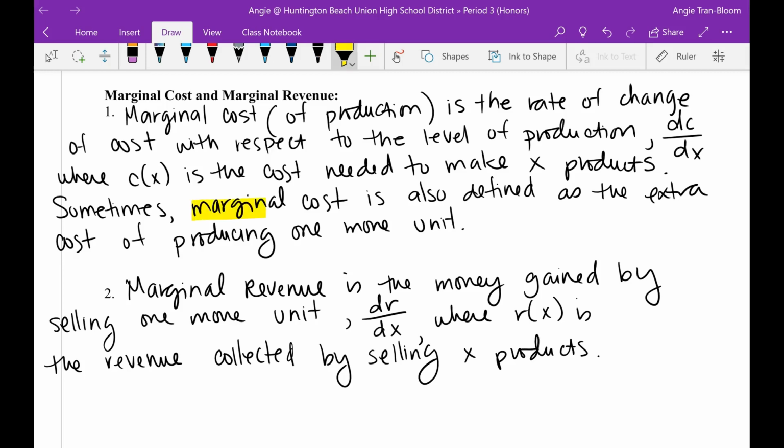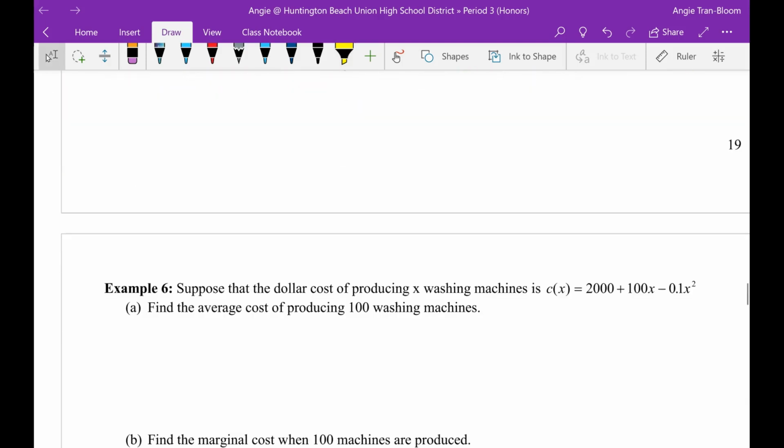Okay, so I want to highlight this right here. The marginal cost is defined as the extra cost of producing one more unit. Marginal revenue is the money gained by selling one more unit. So make sure you understand what marginal cost is and what marginal revenue is. Let's go on to this example, and let's change this to 7.